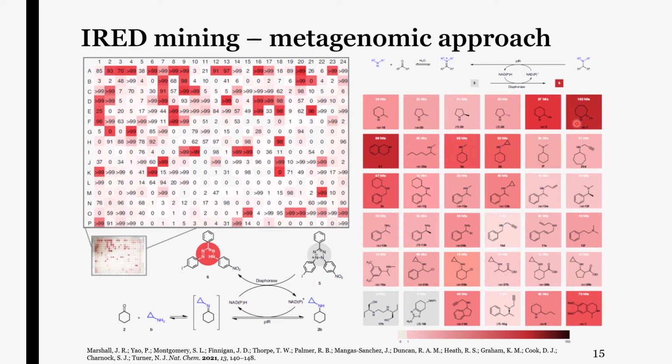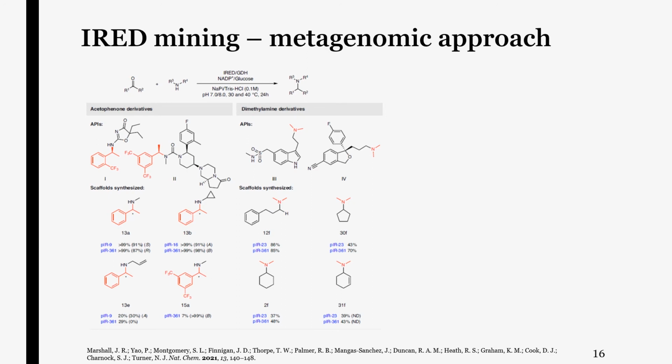And there they figured out that they have best hits with this amine product leading to the imine substrate. So with this colorimetric assay and the GC analysis, they could have a very nice broad scope of different kinds of carbonyls and amines which were accepted by the imine reductases.